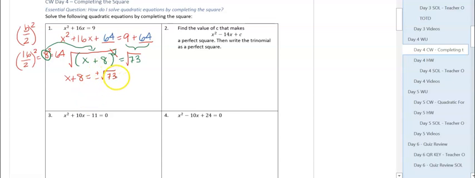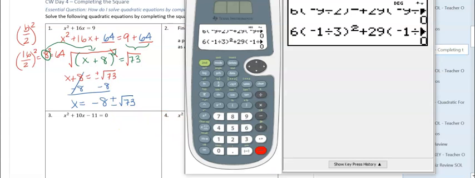I cannot reduce the square root of 73, so I just leave it like that. And so now I'm just going to solve. That means I'm going to bring 8 over to this side. And that's going to leave me with x equals negative 8 plus or minus the square root of 73. And I'm done.